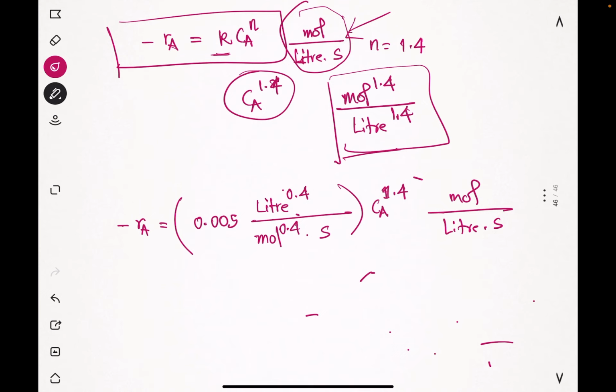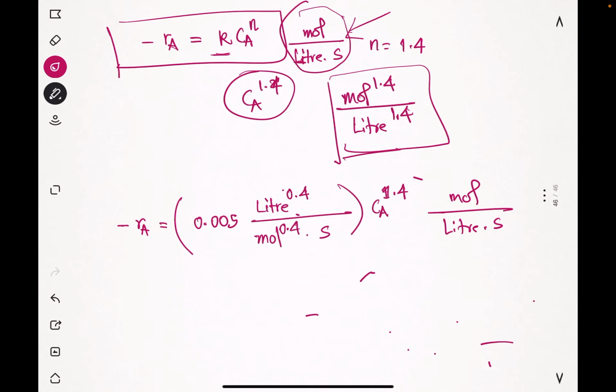So it's very important that you not only find the actual value of k, you also figure out its unit, and it also depends on how you write the expression, whether it's in terms of volume of the reacting fluid or in terms of the surface area of the solid. Depending on that, the unit of your k will change. So you have to be very, very careful about that.